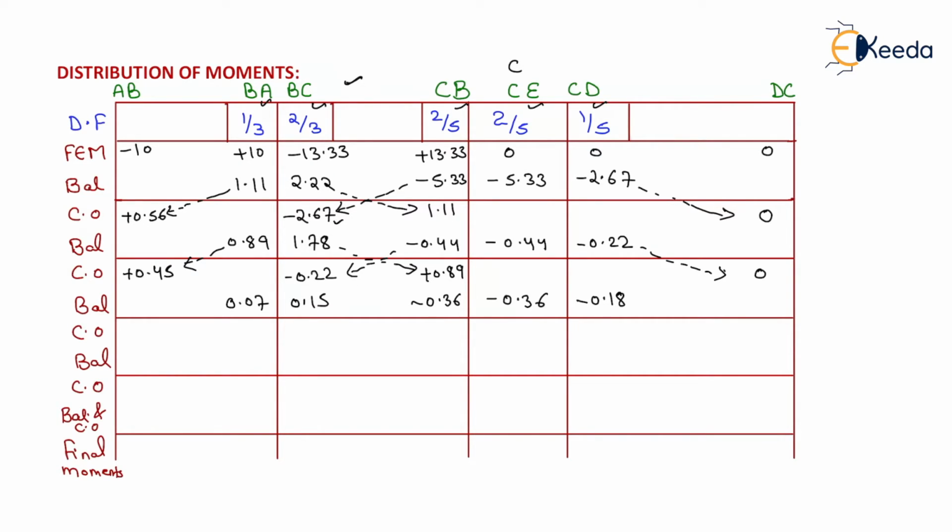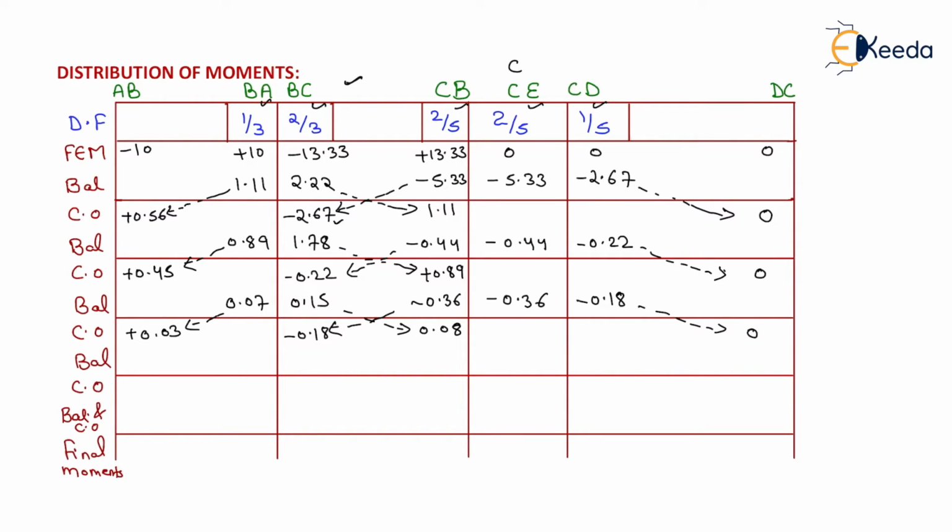Now the carryover is given to the far end, that is 0 here, minus 0.18 here, plus 0.08 here, and plus 0.03 here.